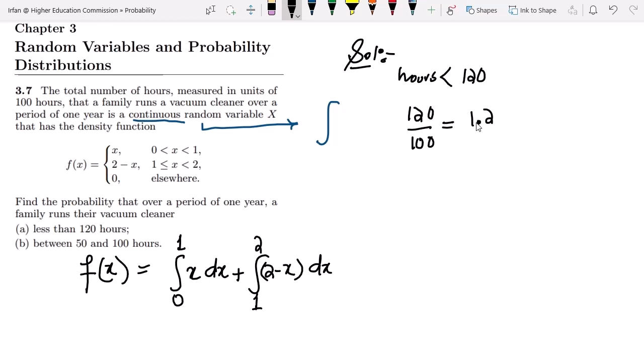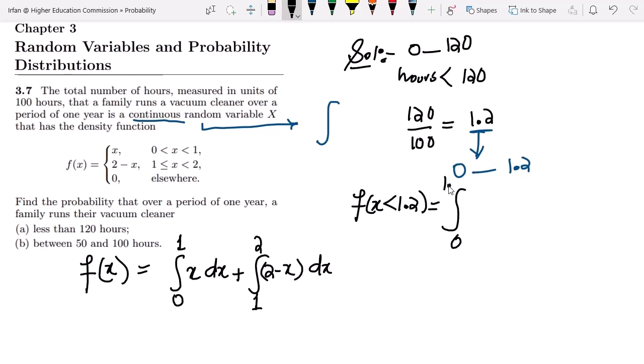So less than 120 means from 0 to 120, therefore the range also lies between 0 and 1.2. Integrating over this period, f such that x is less than 1.2, because this is in the range of 100 hours, it would be from 0 to 1.2.